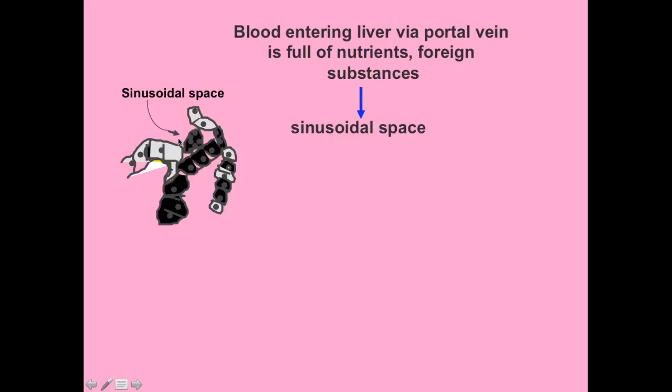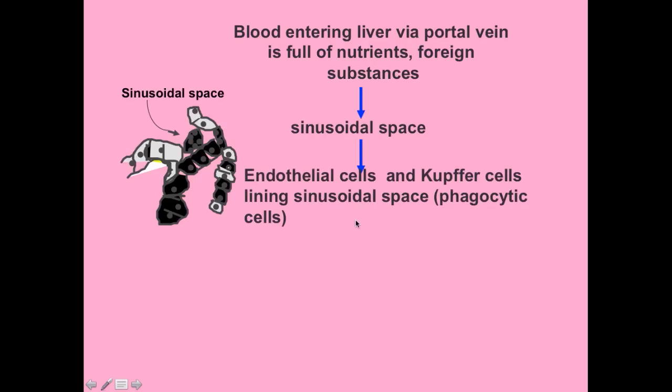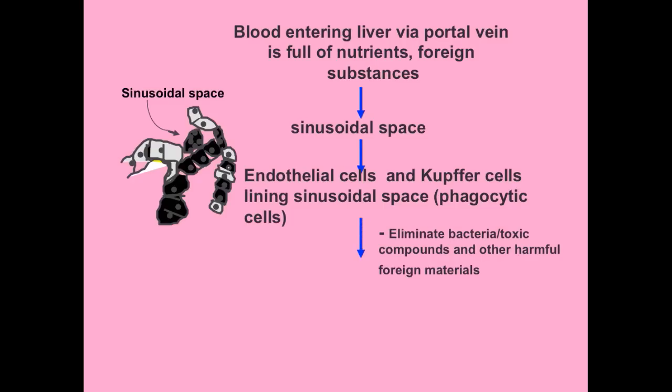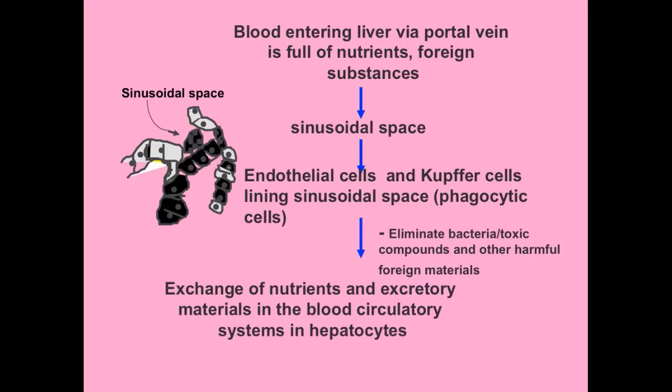And remember, you have these guard cells, which are called Kupffer cells, which are also endothelial cells that line the sinusoidal space. They will engulf any foreign materials, bacteria, virus, any toxic compound. So they will eliminate it, and then there will be an exchange of nutrients and excretory materials in the blood system in the hepatocyte.